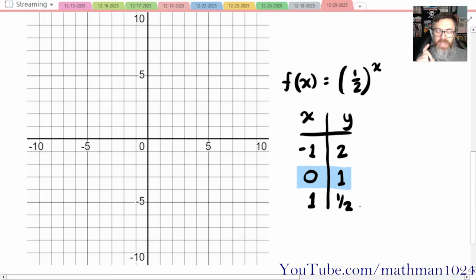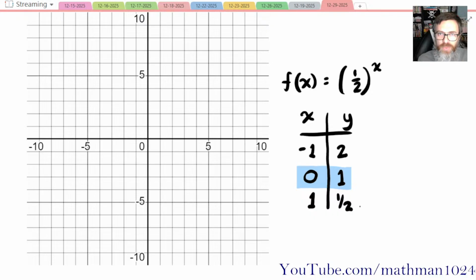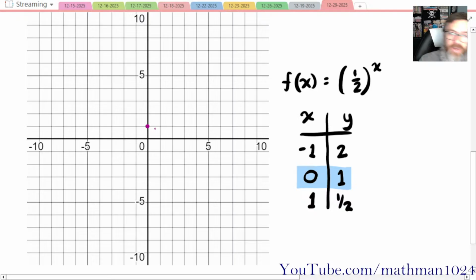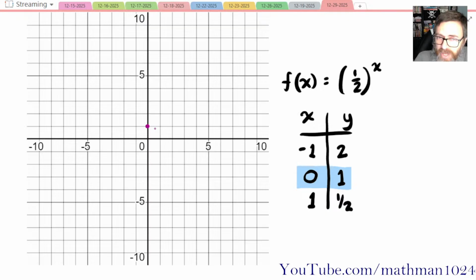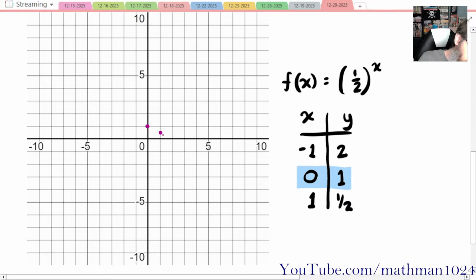Now, in the previous example, my base was 2. So every step I took, I was multiplying times that base, which is why I went 1, 2, 4, 8, 16, and so on. Here, now we are going to start right there at 0, 1. Every step I take to the right means I'm multiplying times my base, which is 1/2. But if I do 1 times 1/2, I get 1/2.